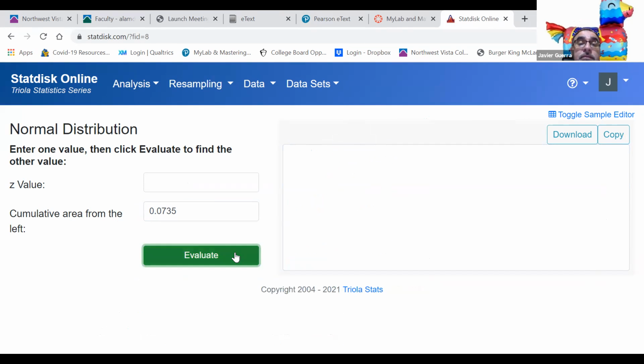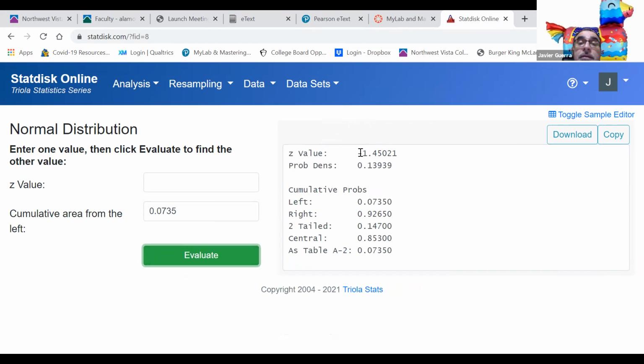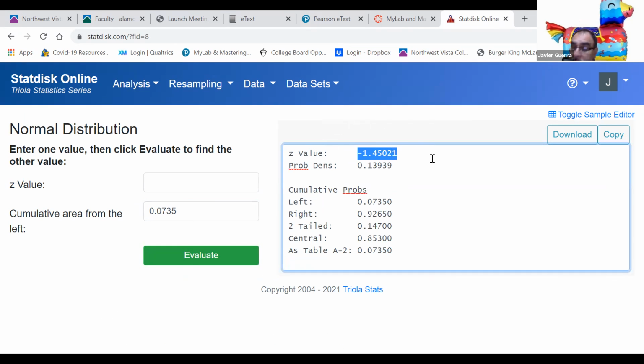There it is. Hit evaluate. There it is, right there. Boom! My answer is negative 1.45021.